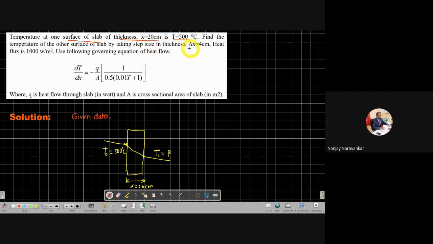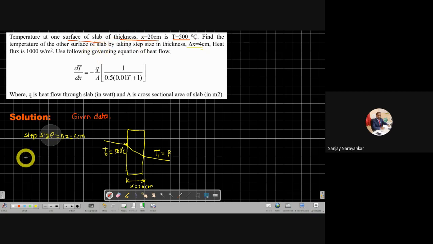Taking a step size in thickness. So the step size is given. Again, very important, the step size is given. h is equal to, actually it is delta x, no? So for us it is h. Delta x is equal to 4 centimeter.